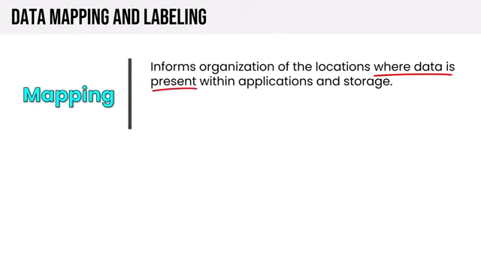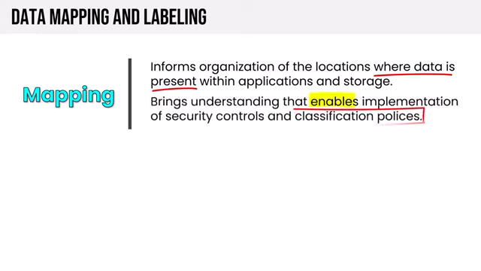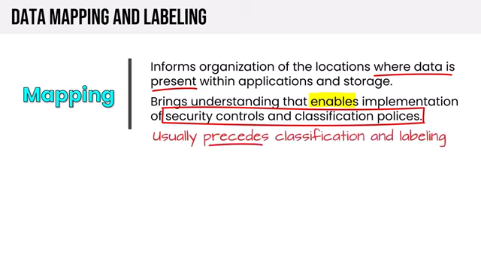Mapping informs the organization of the locations where data is present within applications and storage. It brings understanding that enables implementation of security controls and classification policies. It usually precedes classification and labeling, though.